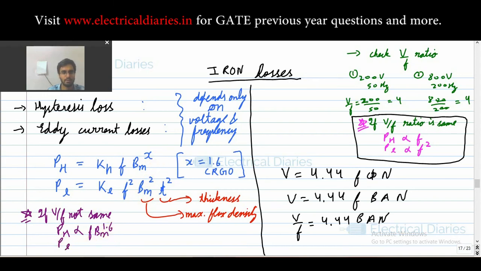Pe is directly proportional to f square Bm square. You can neglect t in the questions. So if V by f is not the same, you have to use this. And if the V by f ratio is the same, then you directly use Ph directly proportional to f, Pe directly proportional to f square. Most questions you can solve by this relation only.